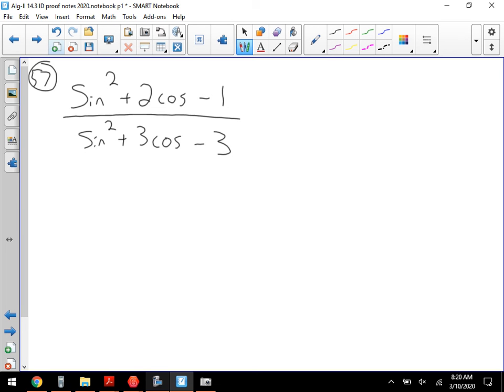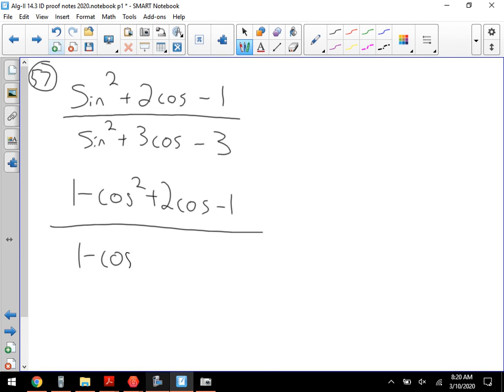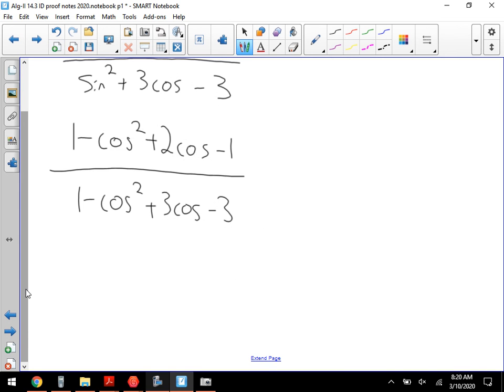So I know that sine squared is 1 minus cosine squared, plus 2 cosine minus 1. And again, 1 minus cosine squared plus 3 cosine minus 3. So here I have to rewrite. Cannot simplify over addition.